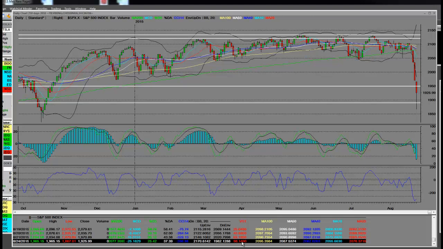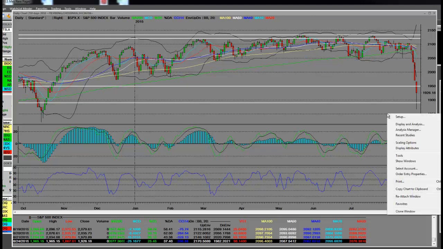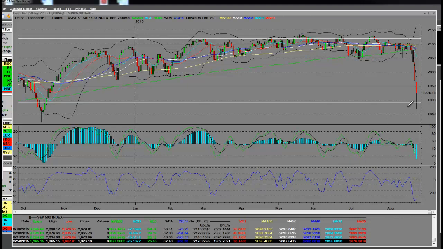The S&P capitulation lost 98 points. And here's the deal. We came all the way back over here. I'm going to draw a horizontal trend line. That's this bottom end. This is where back in 2014 we had that big rally.